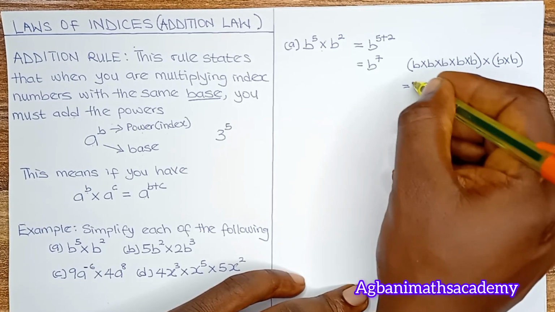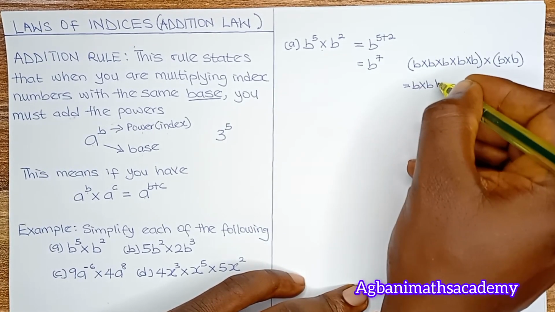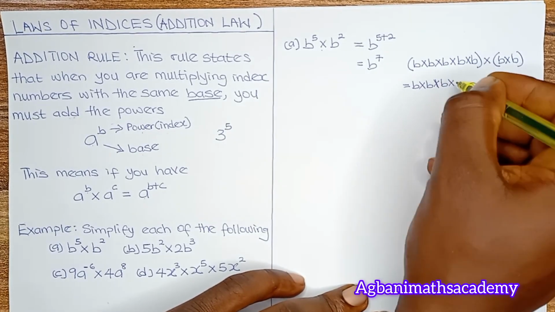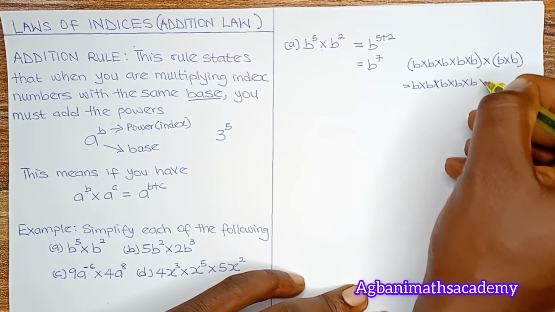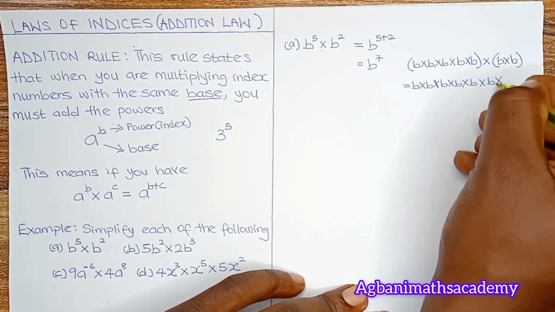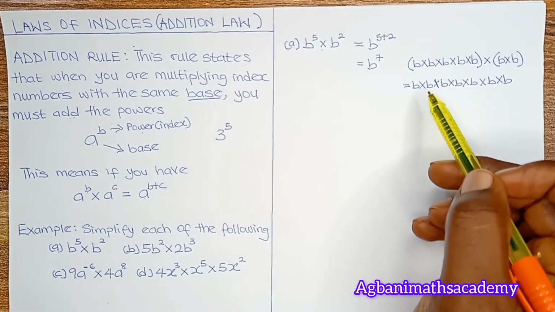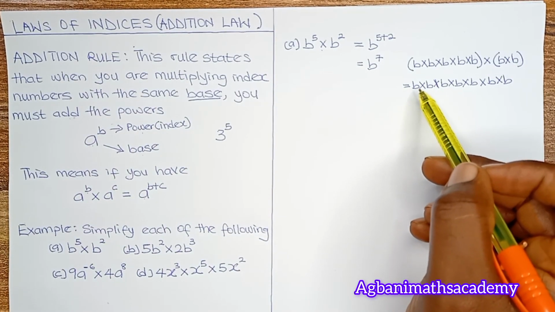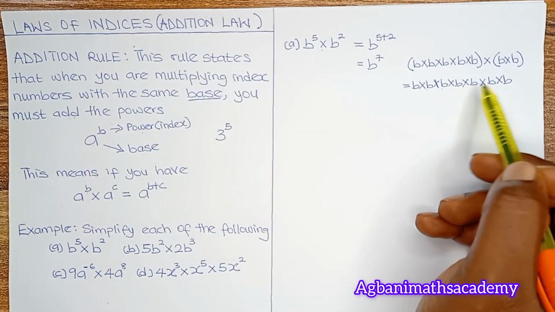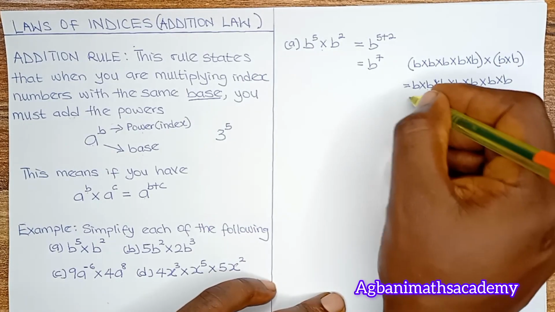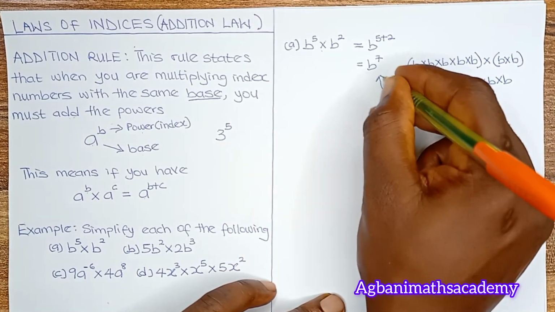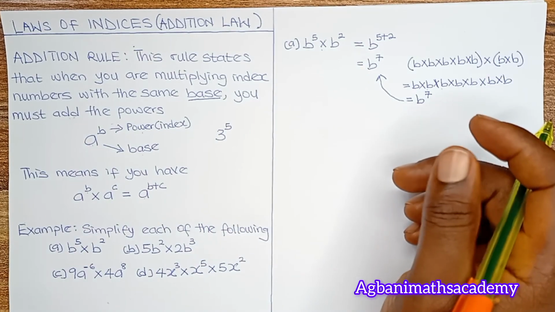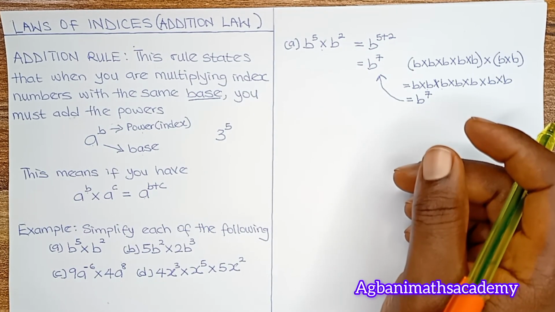How many b's do we have multiplying themselves? 1, 2, 3, 4, 5, 6, 7. So we have b to the power of 7, which confirms what we have here. Following this rule, all you need to do is add the powers together.